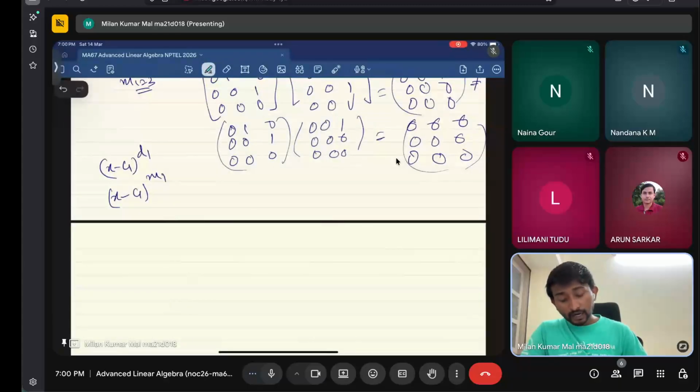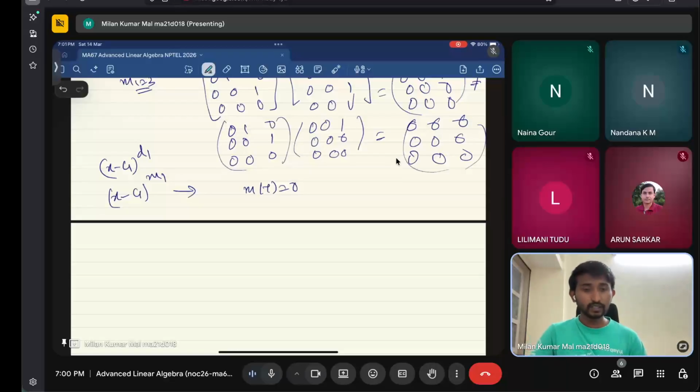Now, what is meant by the minimal polynomial? The minimal polynomial is that polynomial m such that m(T) is equal to 0, but no monic polynomial of lesser degree, meaning degree less than m, is going to be 0.